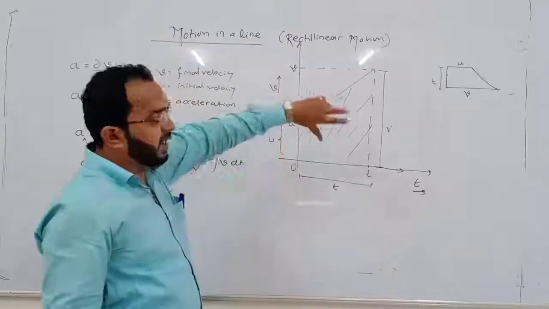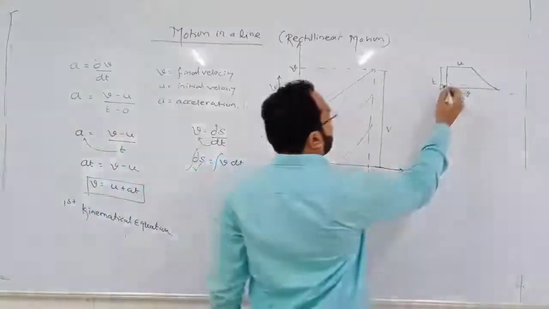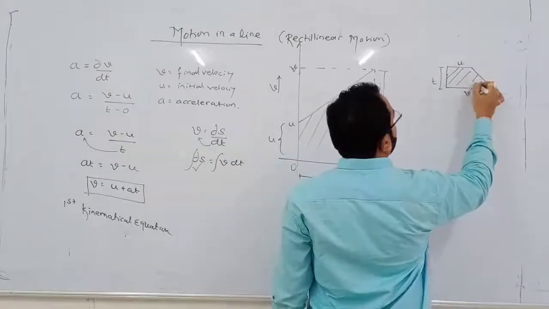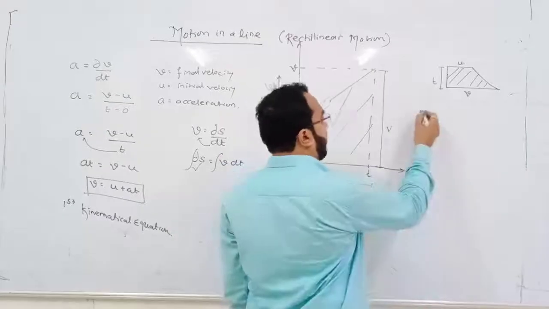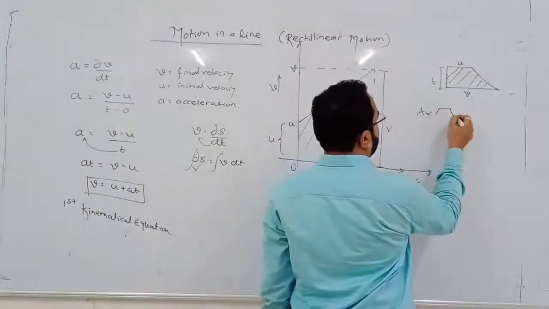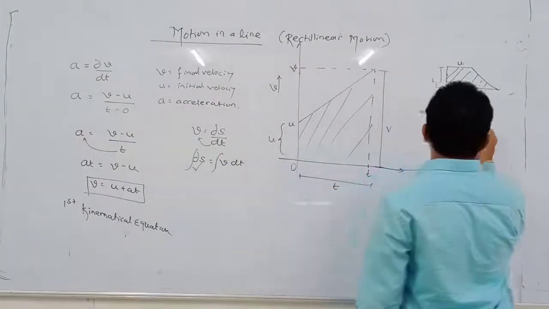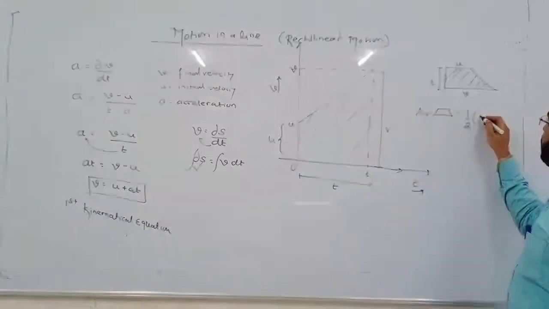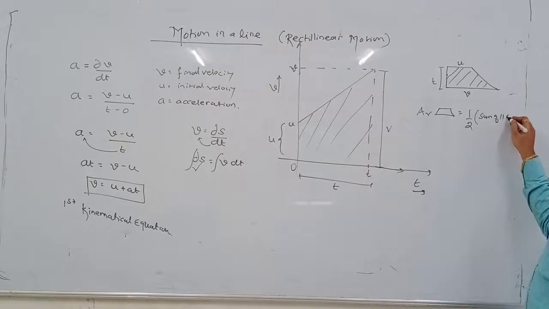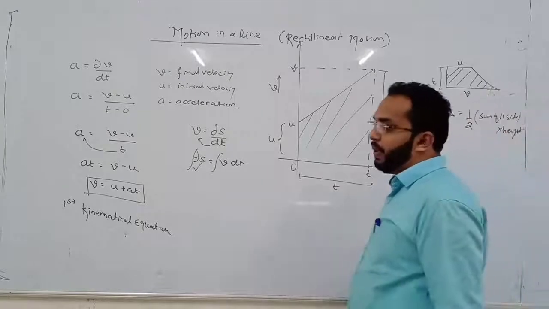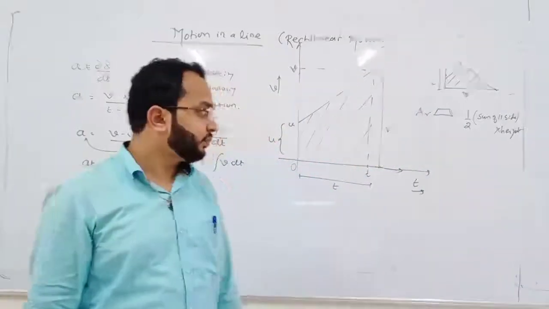After flipping it like this, what does it become? This is a trapezium. What is the area of a trapezium? Half into the sum of parallel sides into height.